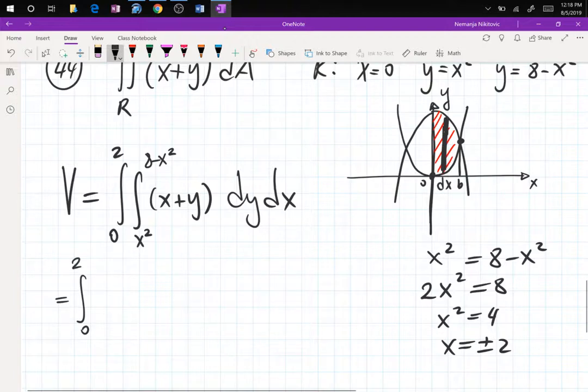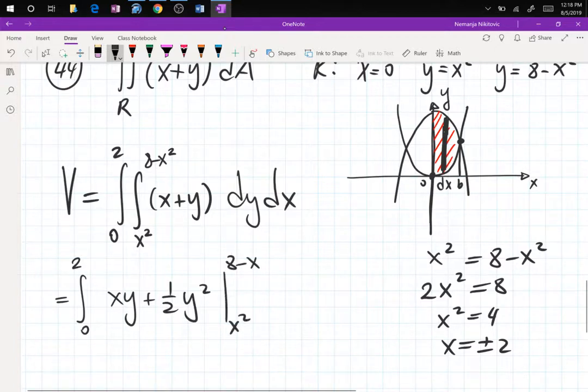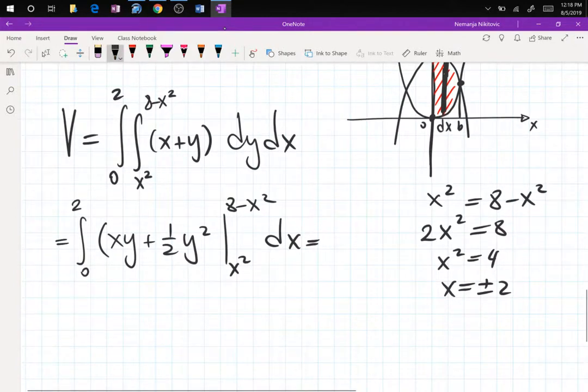Integral 0 to 2, integrating with respect to y, so we get xy plus 1/2 y squared from x squared to 8 minus x squared, dx. You have to be careful with all of these limits and substitutions. So we're going to have, instead of y, 8 minus x squared.